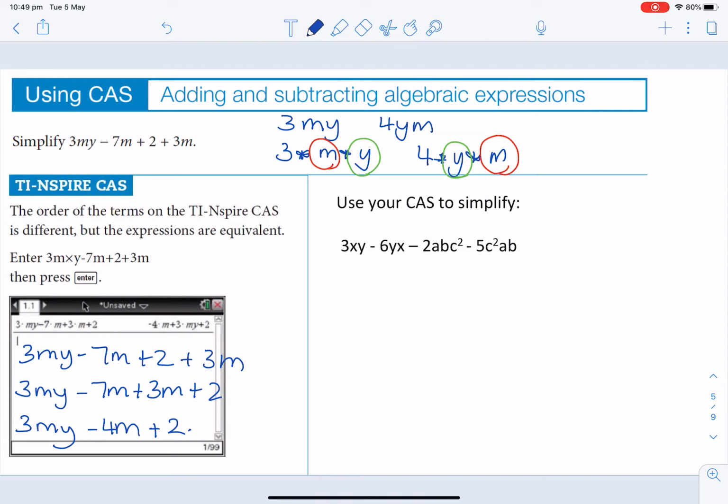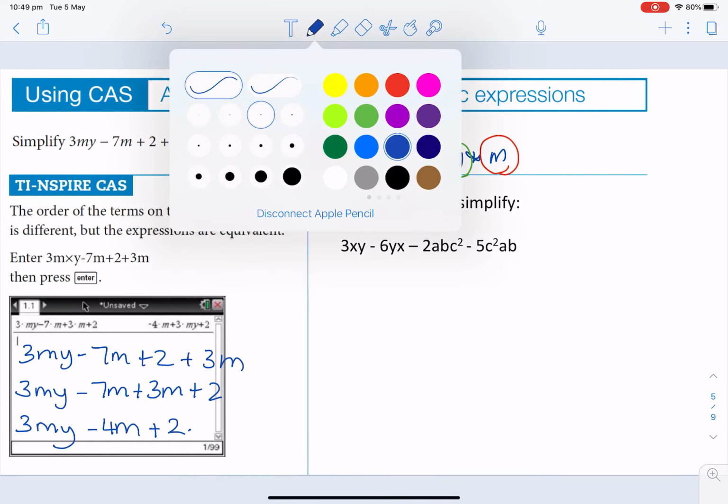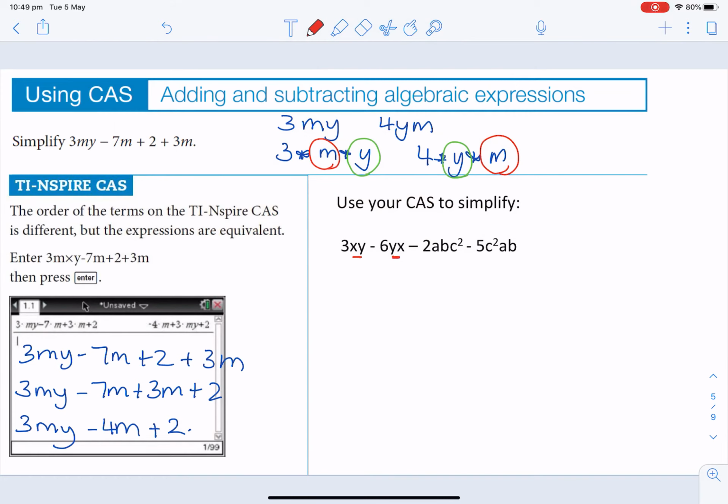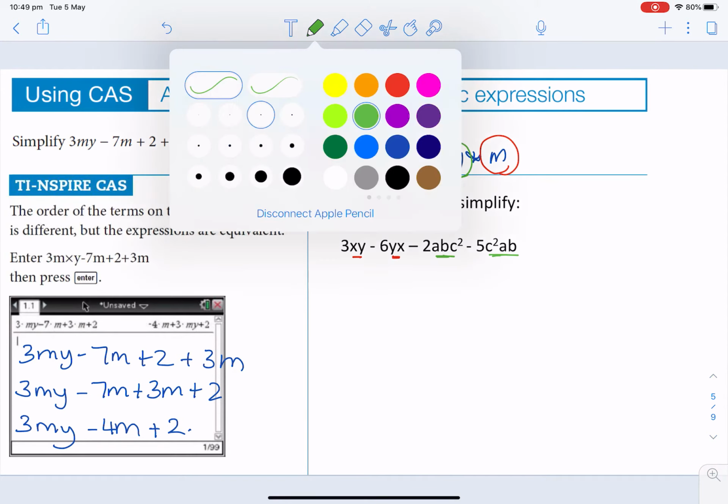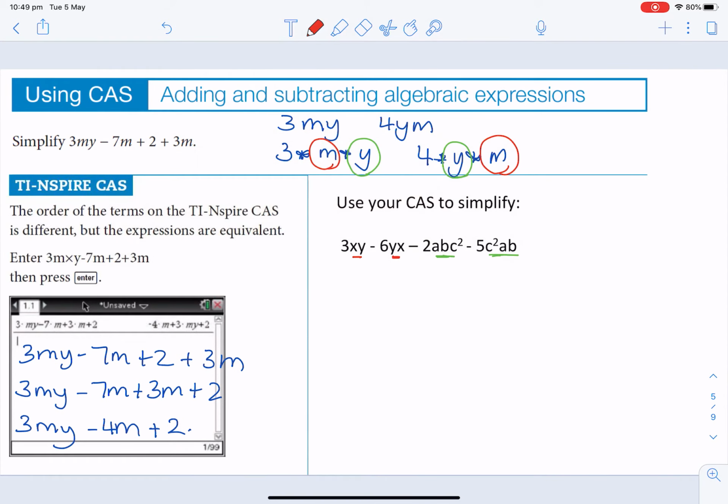On to the second one: 3xy minus 6yx minus 2abc squared minus 5c squared ab. Having a look at this, x and y is the same as y and x, and abc squared is the same as c squared ab. Just the pronumerals are in a different order.